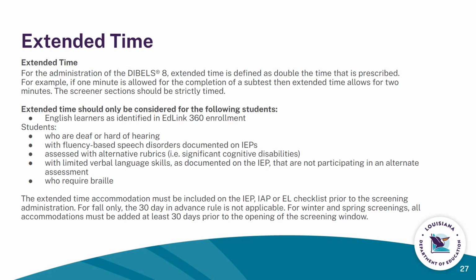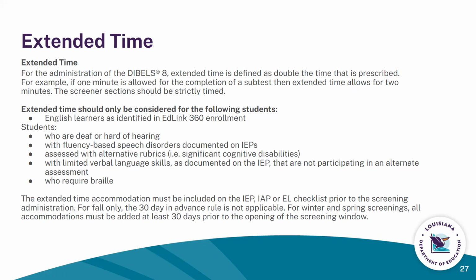Extended time is only for the following students: English learners, as identified in the Link 360 enrollment, students with fluency-based speech disorders, which are documented on their IEP, students who are assessed with alternate rubrics, those perhaps with significant cognitive disabilities, and students with limited verbal language skills, as documented on their IEP, and if they're not participating in that alternate assessment, as well as students who require Braille.